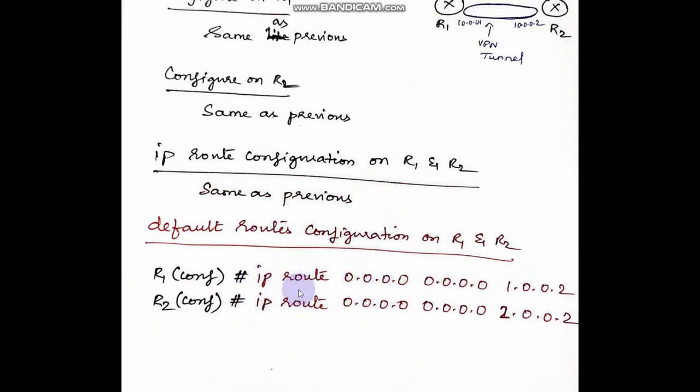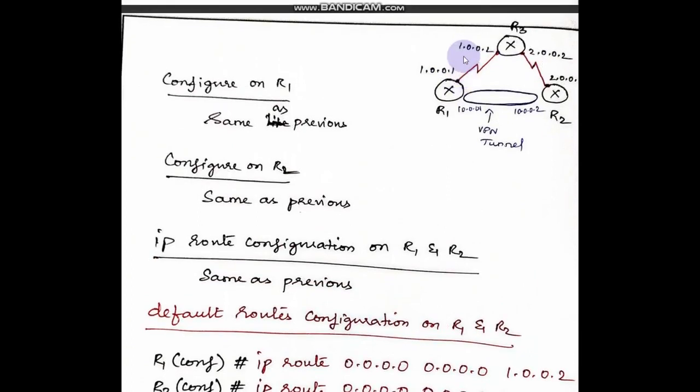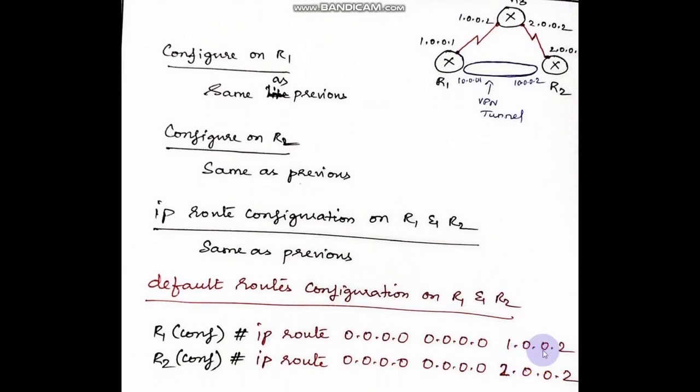We already know this command: ip route 0.0.0.0 0.0.0.0. Here I have given the same serial interface public IP, the next hop from R1, that IP only I have given here.